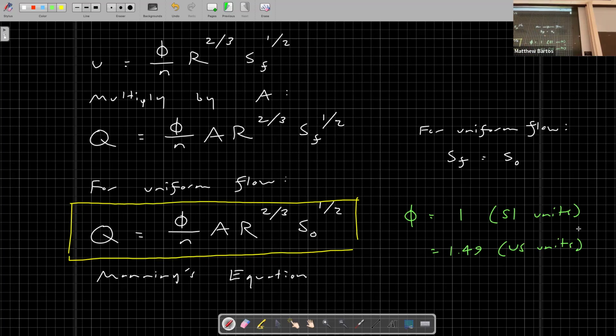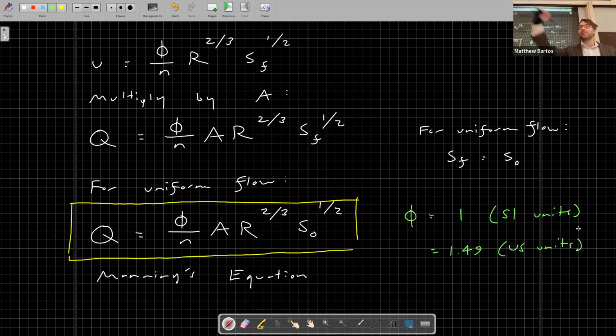For US units, your geometric dimensions always need to be in units of feet, and your discharge will always be in units of cubic feet per second. For SI units, your geometric units will be in dimensions of meters. Your discharge will always be in units of cubic meters per second. So you can't use things like dimensions in inches when using Manning's equation. You have to use either feet or meters, and your discharge will either be in cubic feet per second or cubic meters per second.